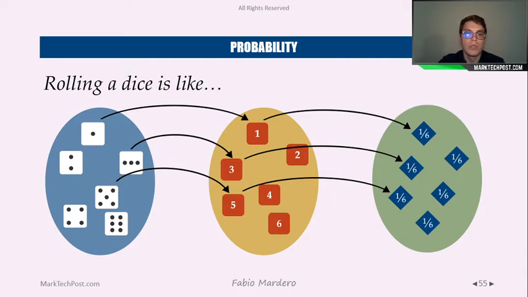We start on the left side with the face of a dice. This, through our mind, is transformed in a number, and then here the probability kicks in.